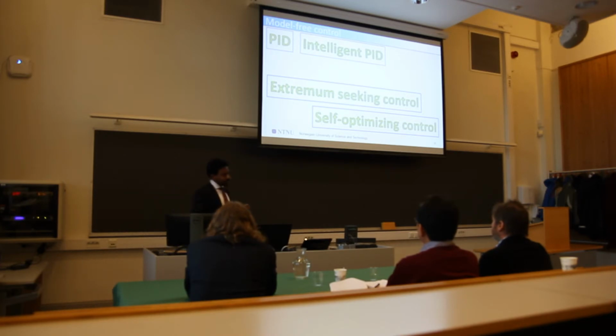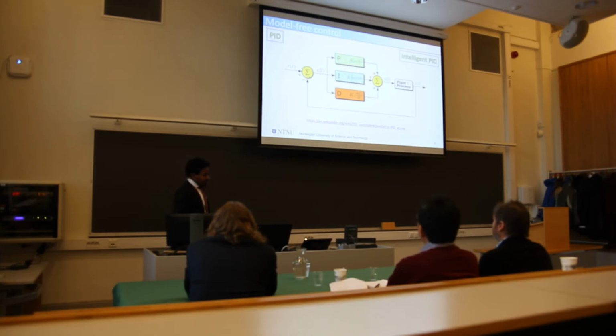And there are some other methods like extremum seeking control and self-optimizing control, which are more towards the optimization domain or the real-time optimization area, if you remember the topmost layer in the Skogestad hierarchy. Not the topmost, but somewhere towards the top.